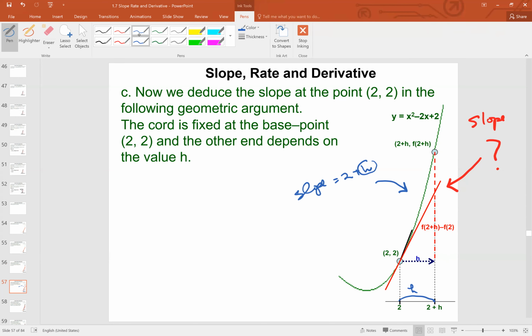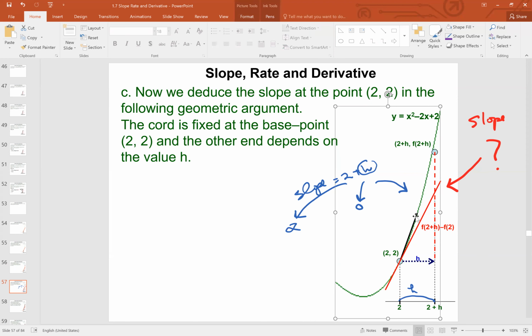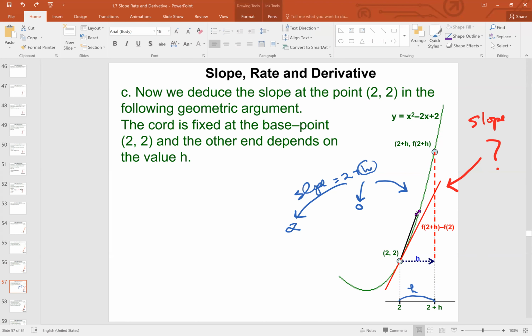First of all, two things happen. First of all, this goes to 2. As h becomes closer and closer to 0, on the picture, the slope that we are calculating is the slope with two endpoints that are closer and closer, and the slopes get closer and closer.